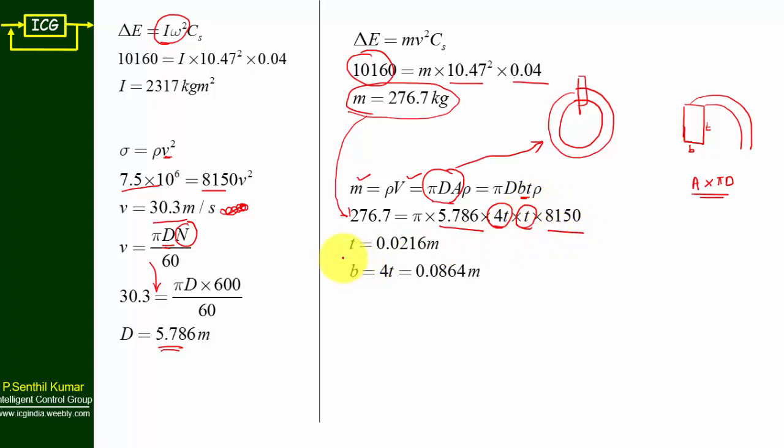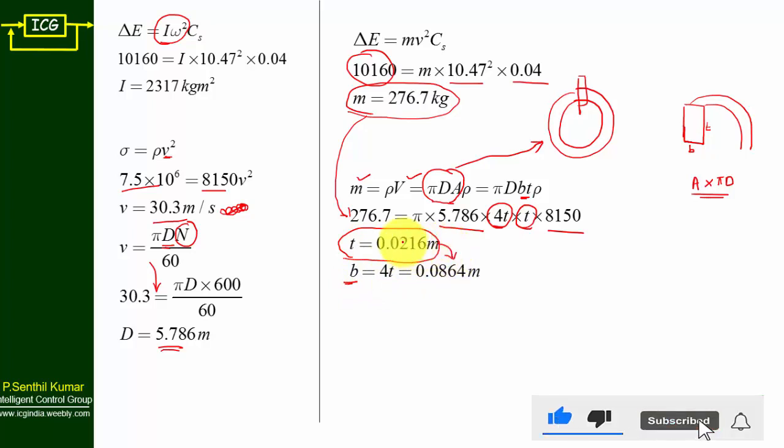From that I can get the t value. Then what is B? B equal to 4 times the thickness, just multiply this thickness by 4, you will get the breadth value. So this is how you can find all the dimensions of the flywheel: breadth, thickness, mass, moment of inertia, all these parameters. So this is how we can easily solve this problem.